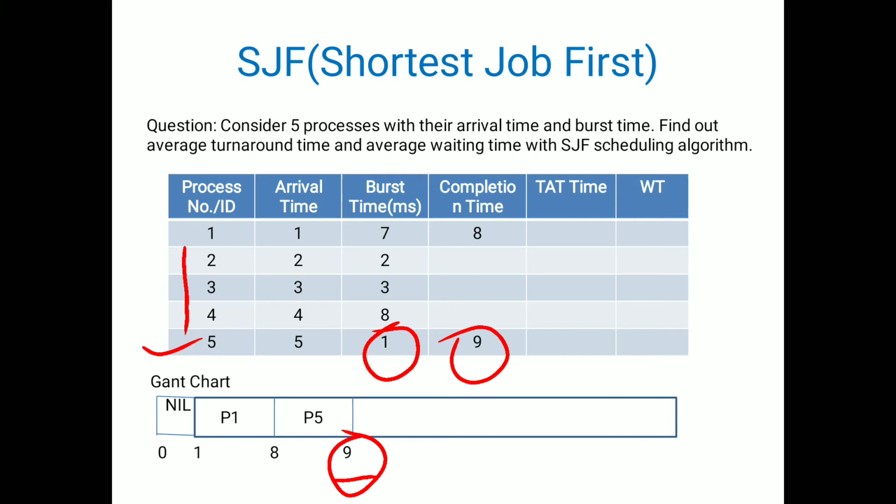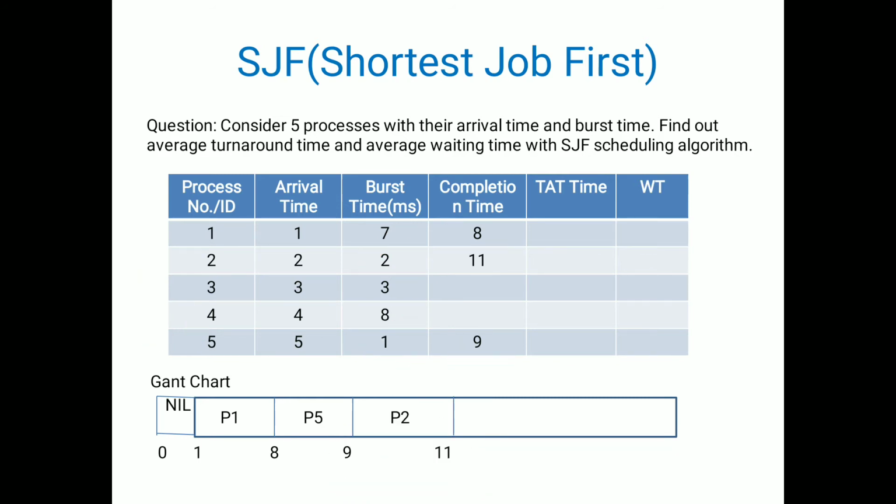In these three, the shortest burst time is for process P2, because P2's burst time is 2, which is the minimum as compared to the burst times of P3 and P4. So after P5, process P2 is executed for the next 2 milliseconds, that is 9 plus 2 is equal to 11. So process P2 completes its execution at time 11. Write 11 in the completion time column in front of the second process.